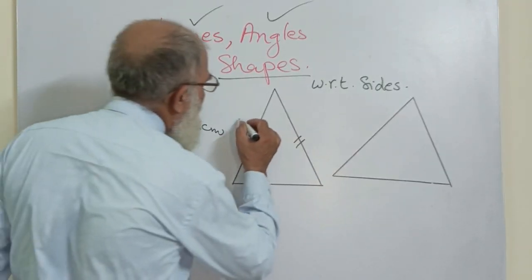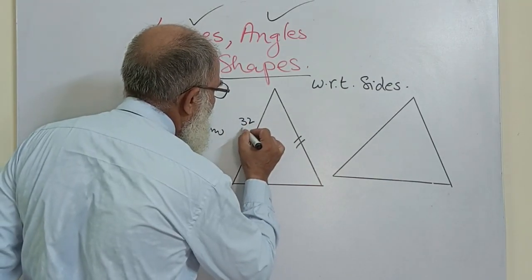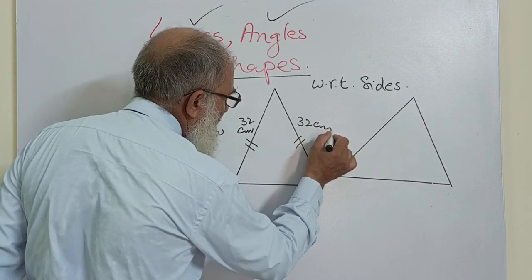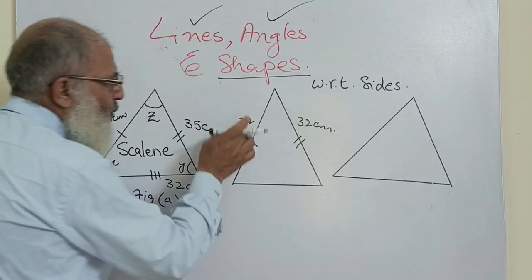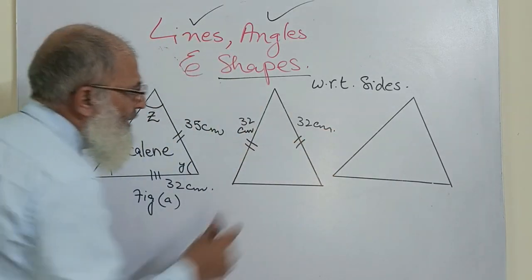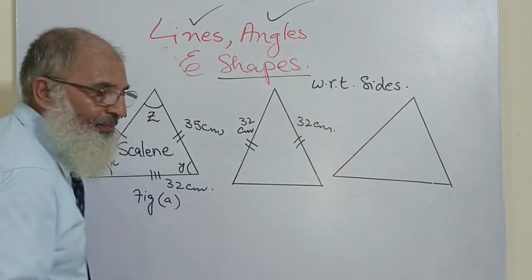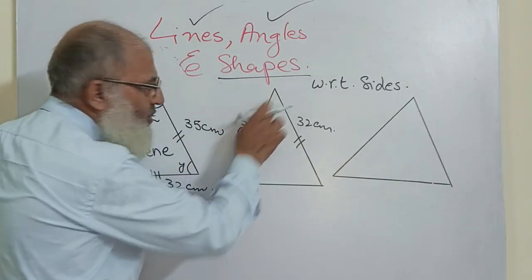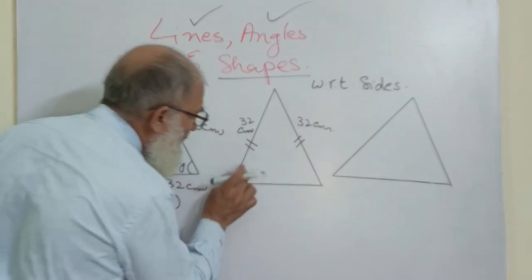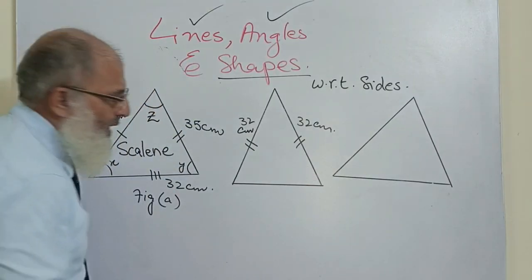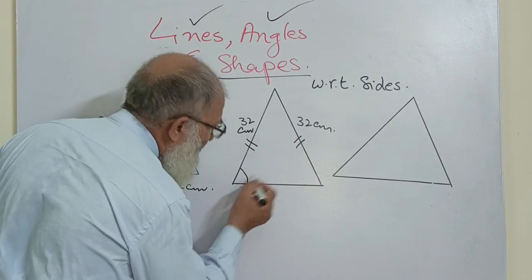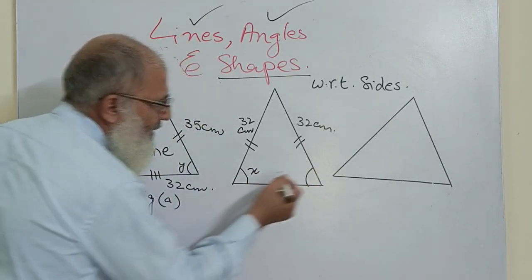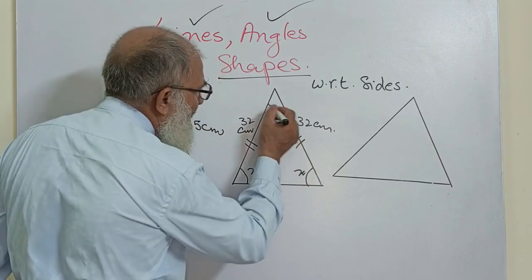For example, this side is 32 centimeters, this is also 32 centimeters, and when there are two sides equal, then the base angles, you see, these are the base angles, are also equal. Now if this is x, this is also x, and this is y.